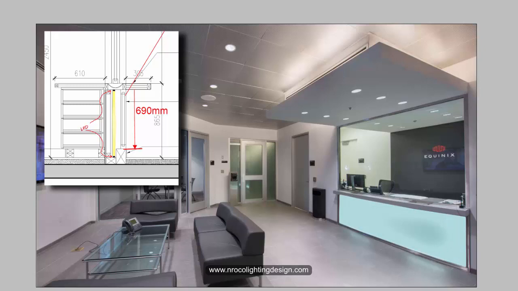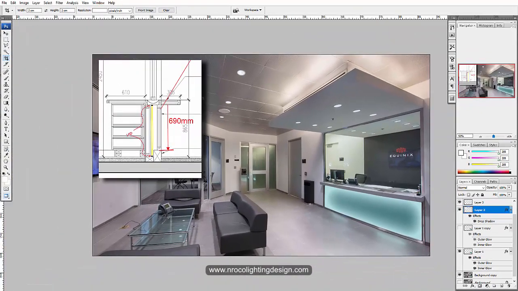If the glass is totally diffused, then yes, we will create this one. But it seems that it's not really a totally diffused glass type. I think it's more or less 60% transparency only. So in my opinion, it will be only like this. Okay, so this is some interior that we do in Photoshop.